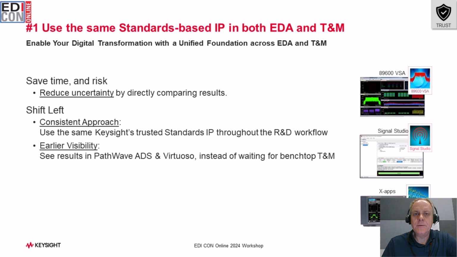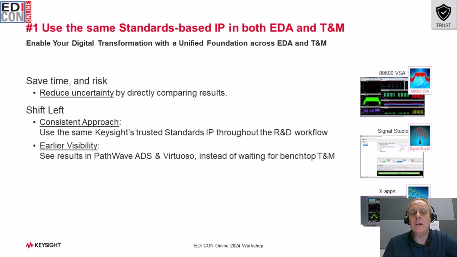Is it a bad model? Is it a bad design? Is it just a wrong assumption about a filtering or a sample rate? So the consistent approach, instead of having your best people spend precious design time going through all these settings, you can have them just generating more value by using a consistent set of IP.